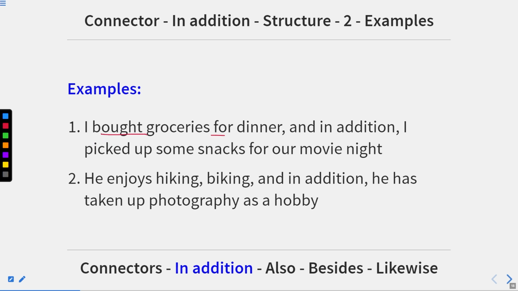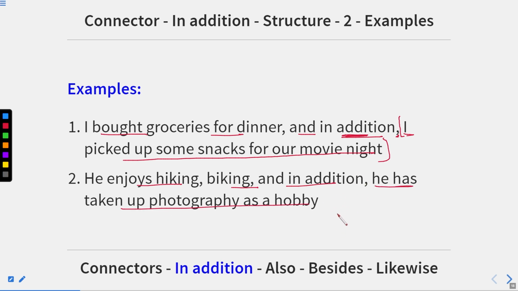I bought groceries for dinner. And in addition, so here we are having a comma, I picked up some snacks for our movie night. Now here is the extra information which is being introduced by the phrase in addition, and after that we have a comma just to introduce this particular point. He enjoys hiking, biking, and in addition he has taken up photography as a hobby.